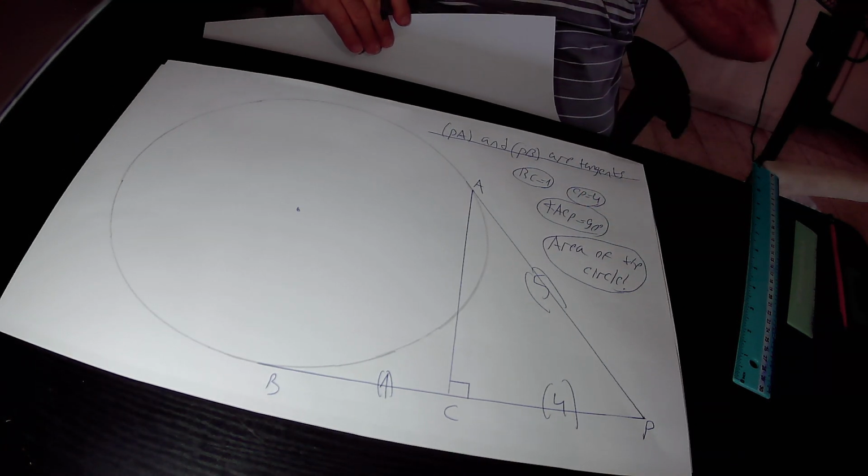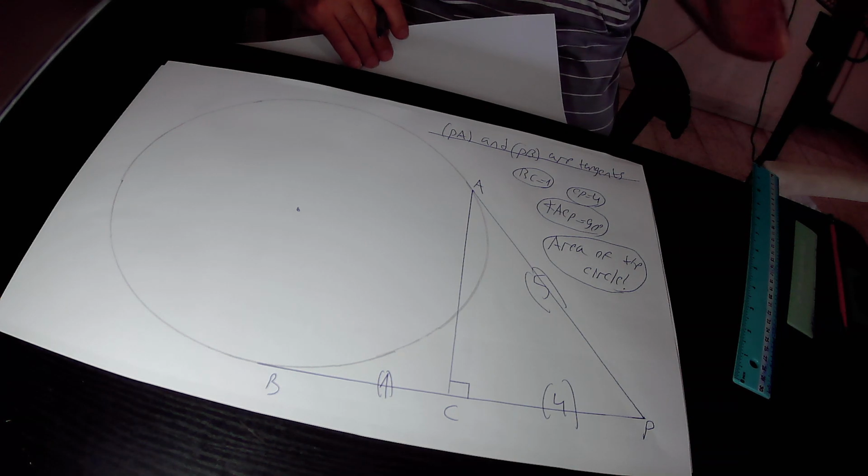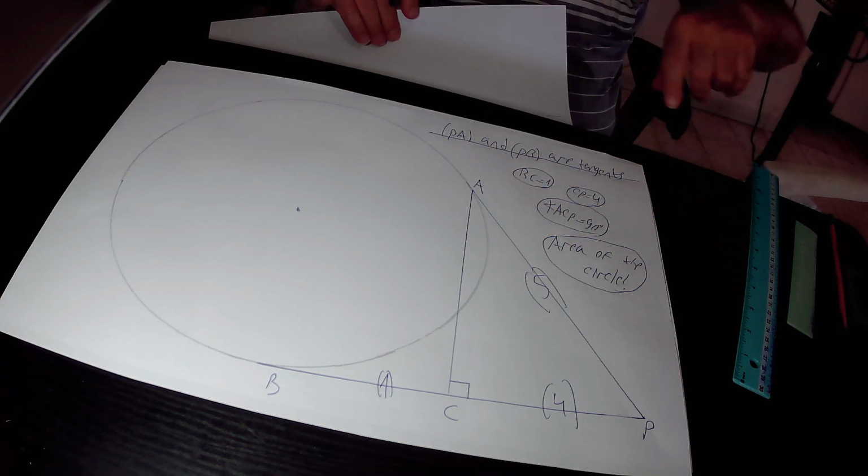In the next step I will copy the right triangle ACP in a new page, and we will implement the Pythagoras theorem on this right triangle ACP.